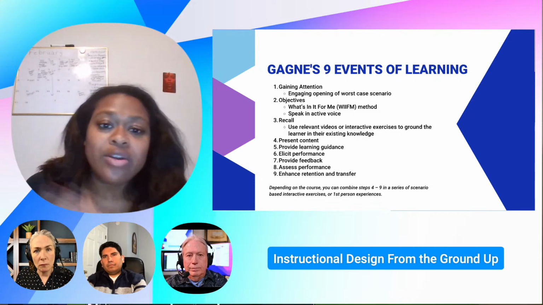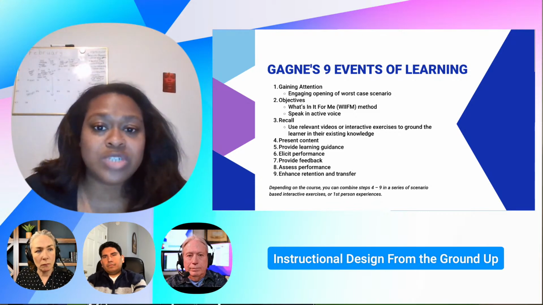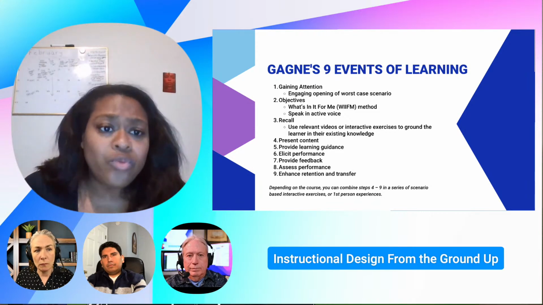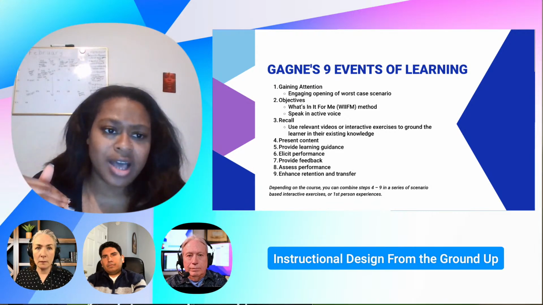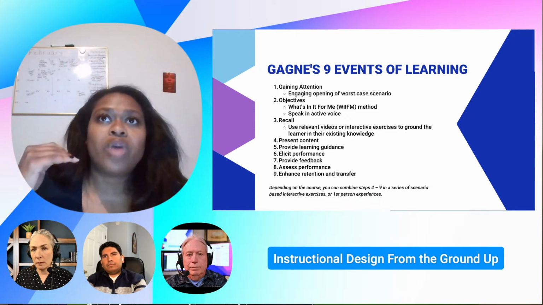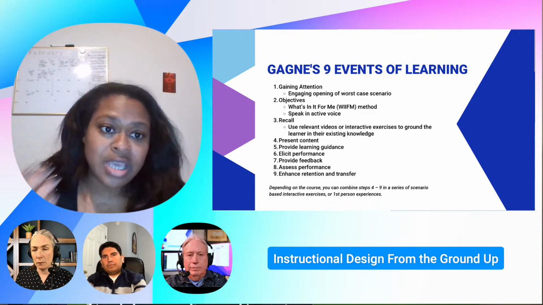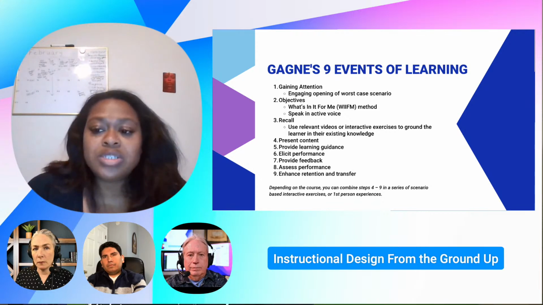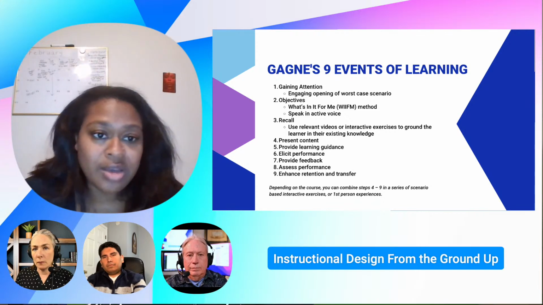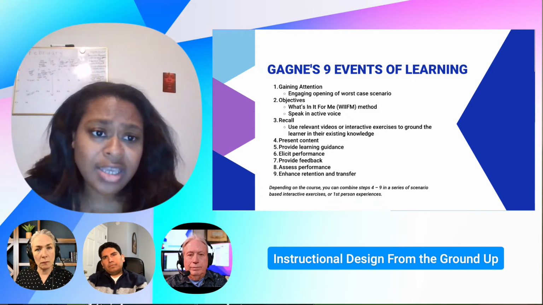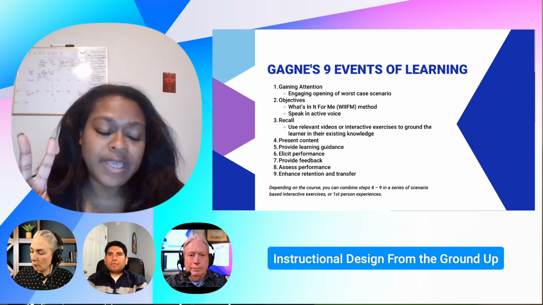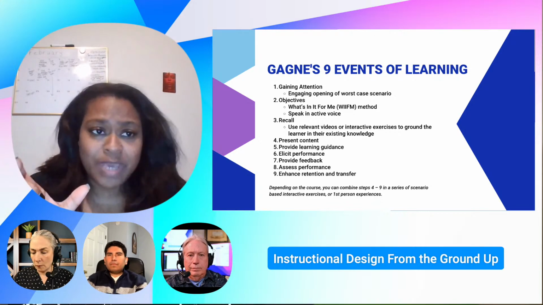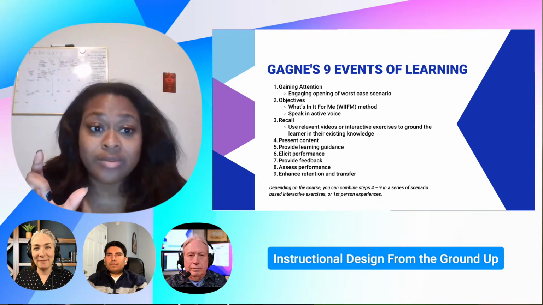And so the final event, which is enhanced retention and transfer, like I said, it really can be much more impactful depending on how you are not only scaffolding your learning content, but also how you're testing your learners. And one thing that's important to keep in mind is the Ebbinghaus curve. So if you're creating a piece of e-learning content, two things that are important to remember is that someone's attention span can only be held but for so long.